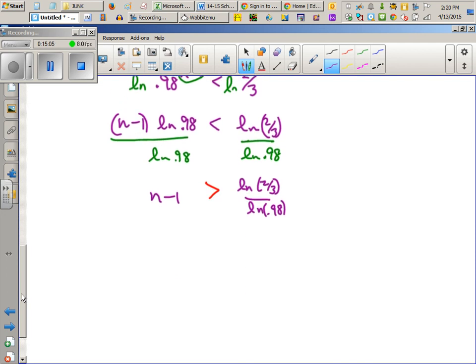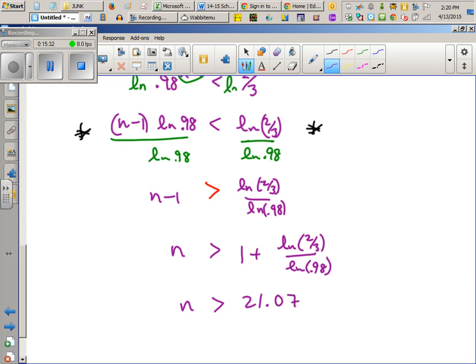If you needed decimals on the previous step, I guess you could have started your calculator work up here where the black asterisk is. But I'm trying to hold off on the calculator till the very end. Now I'm going to add that 1 over, and now I need my calculator. Use your calculator whenever you feel you need it, but you can now type this in, and n is basically greater than 21.07.